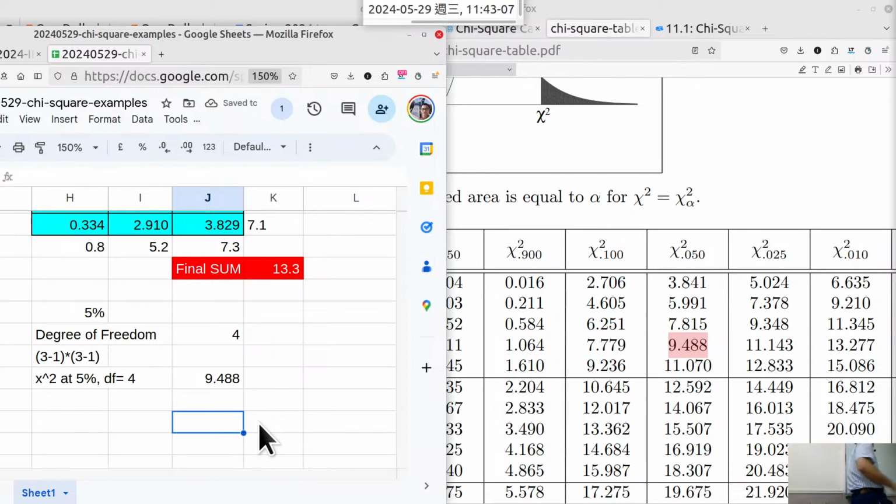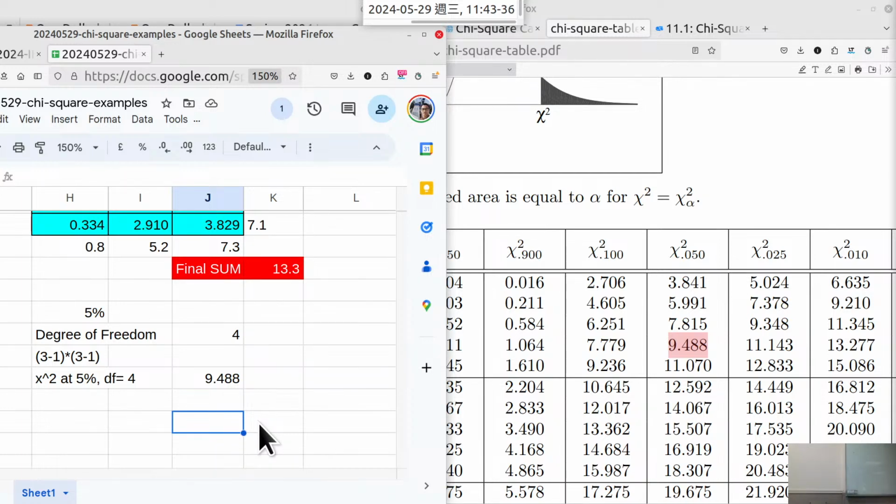So we get this. And my final question is, since our final sum, 13.3, is larger than 9.488, it means, yes, they are different. According to their age, they choose different meals as their lunch. Done. Okay, 2 minutes, then I will tell you a powerful tool.